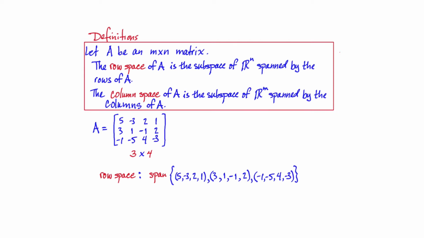It's the span of those 3 vectors. And we know that's a subspace of R4 because everything in the span of those vectors is a linear combination of those vectors, and it will be closed under addition and scalar multiplication. The column space of A is going to be the span of the 4 columns, and those are in R3.